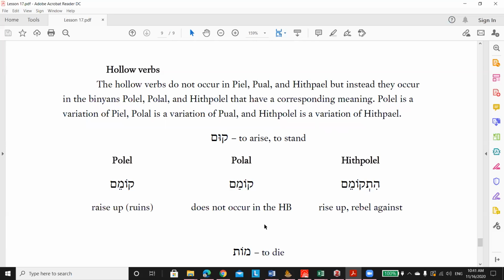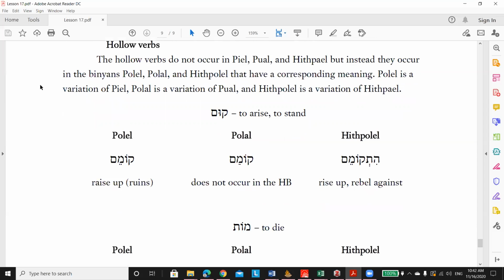I just want to tell you that hollow verbs, the verbs whose second radical is vav or yud, do not have Piel, Pual, and Hithpael forms, but instead they have other stems, Polel, Polal, and Hithpolel. These stems have the same meaning as Piel, Pual, and Hithpael. So Polel is instead of Piel, Polal is instead of Pual, and Hithpolel is instead of Hithpael.